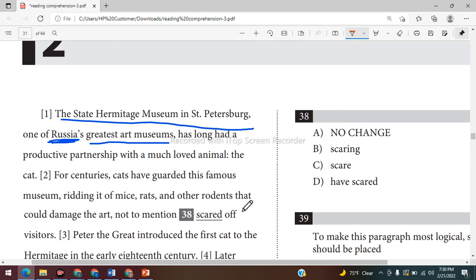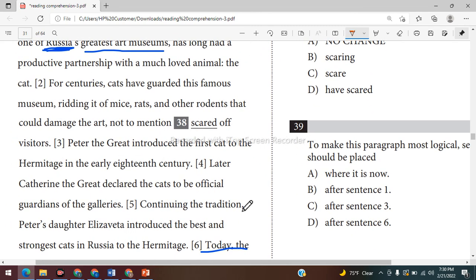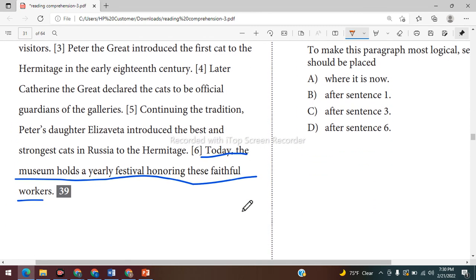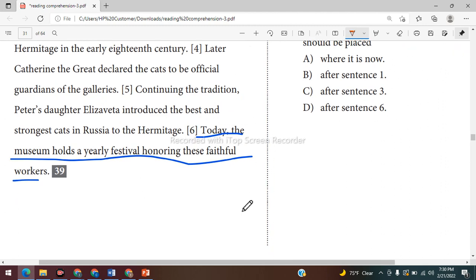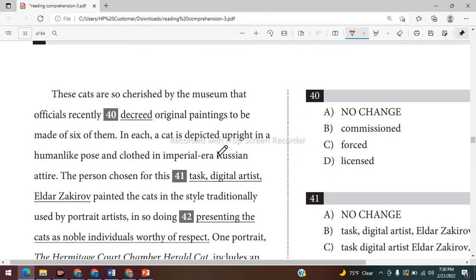Greatest museum, productive partnership, not to mention, scared off, continuing the tradition, honoring these faithful workers, galleries, decreed, imperial era. What do you mean by attire? What is attire?